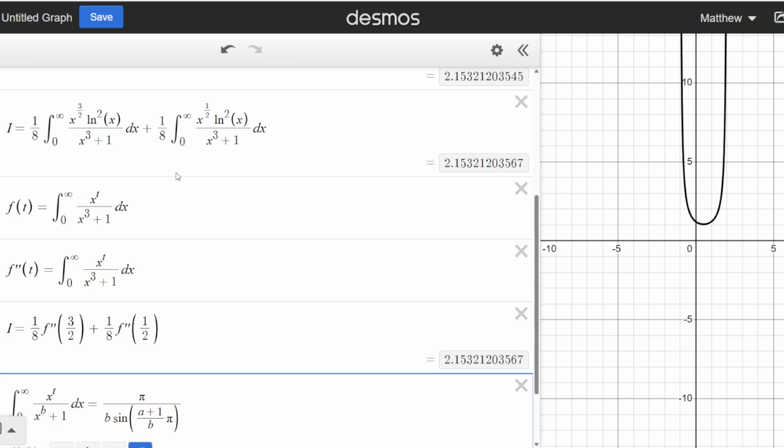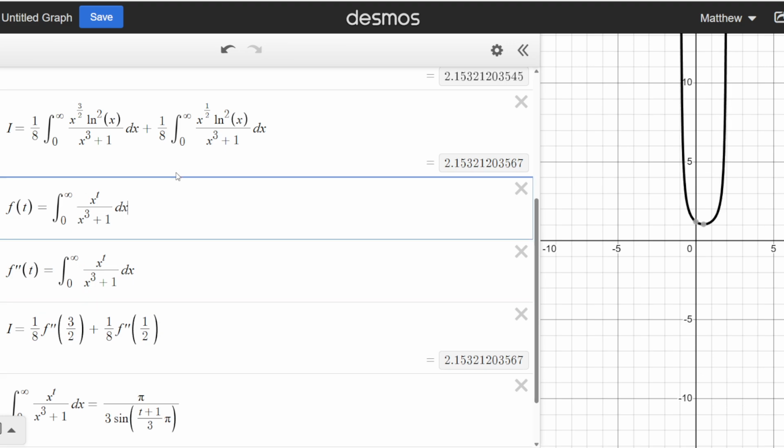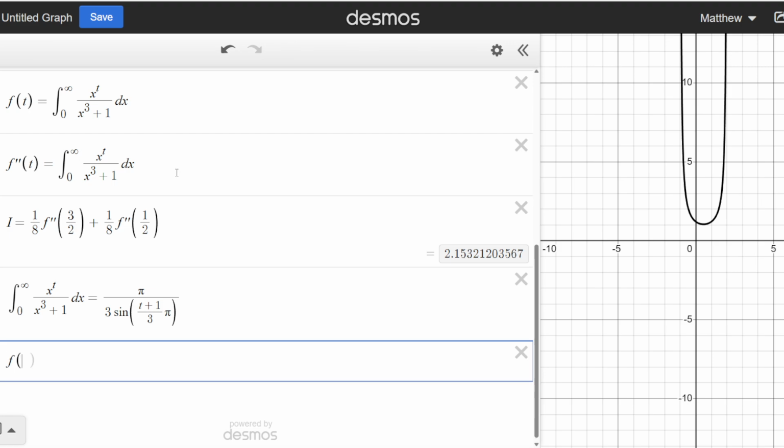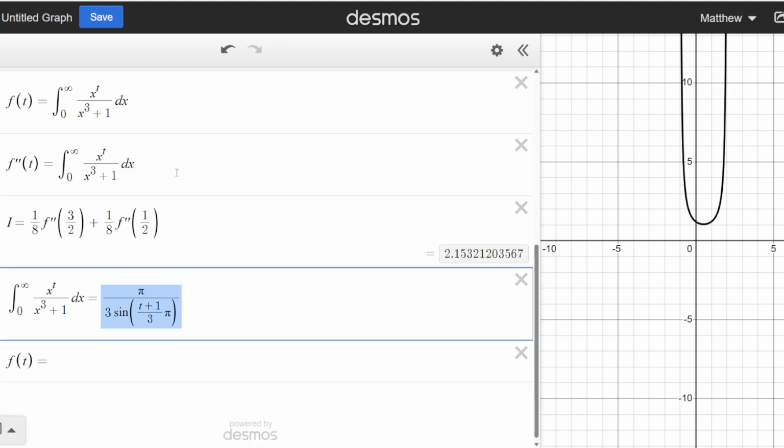If we plug in t for a, we get this, and then if we plug in 3 for b, we get this. Great. All right, so now we have f of t just being equal to this.